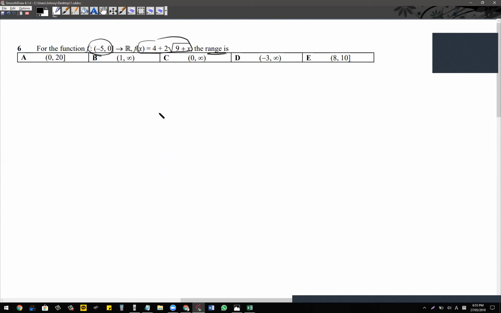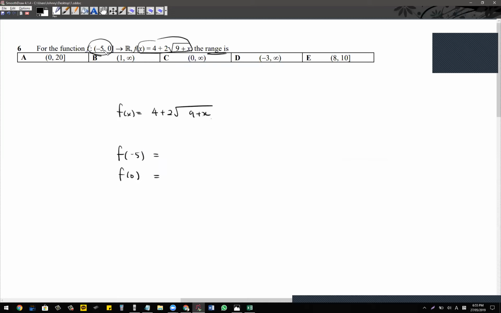Okay. So we have 4 plus 2 root 9 plus x. Well, of course, if you know what this one looks like, then it's pretty helpful. But let's just plug in -5 in here. So here's a function. Plug in -5 and plug in 0.